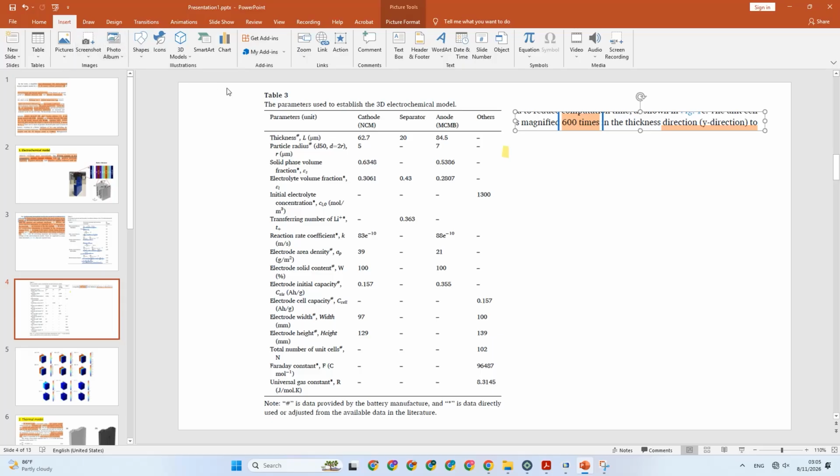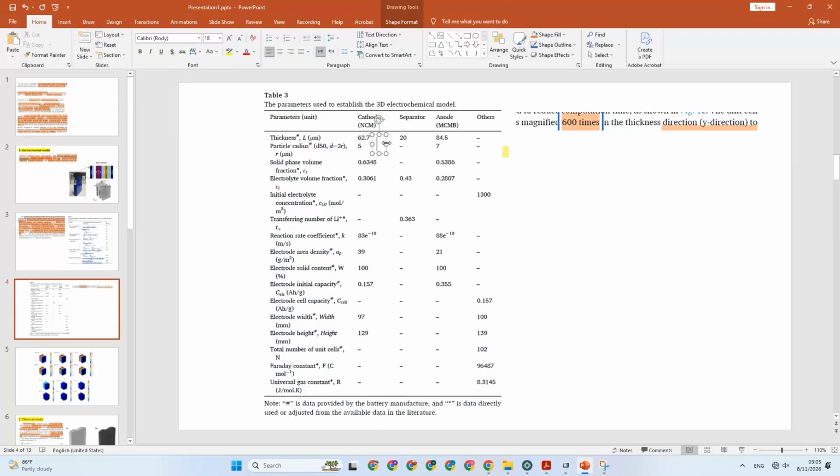And let me insert text box. Must be multiplied to 600.